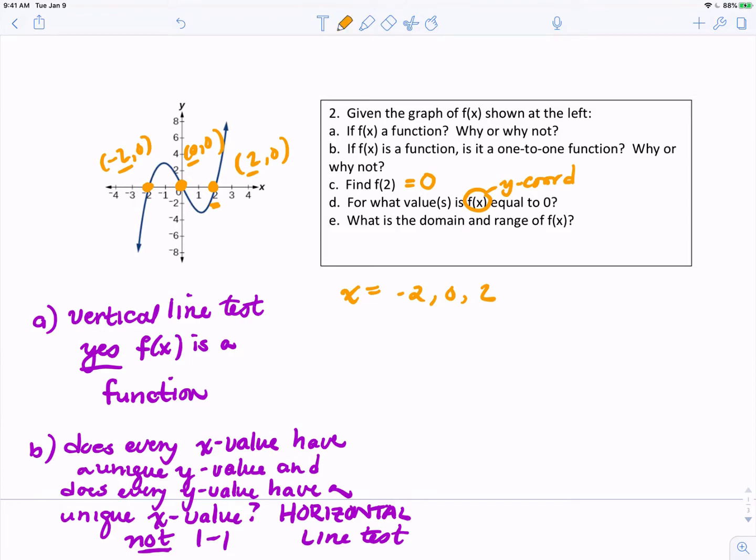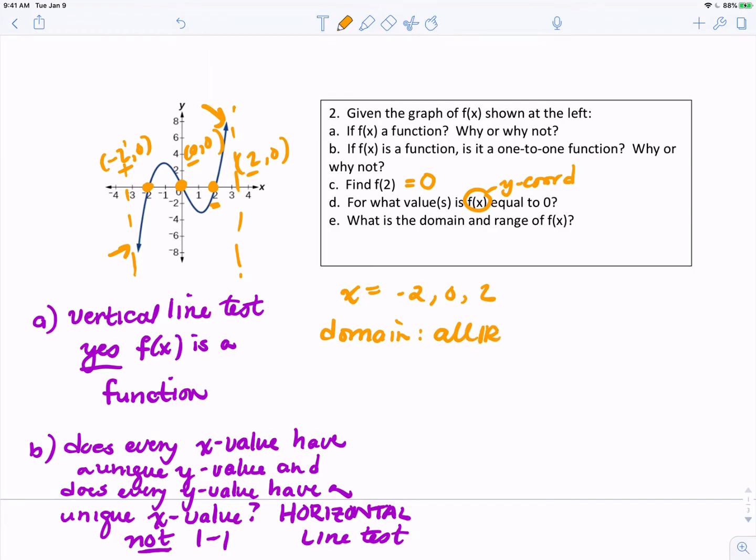So for the domain, we want to look at the x-axis. Now, if we look at the x-axis, notice that on the left side, we have an arrow, meaning it's going to keep on going. And on the right side, we also have an arrow, meaning it's going to keep on going. So the domain is all real numbers.